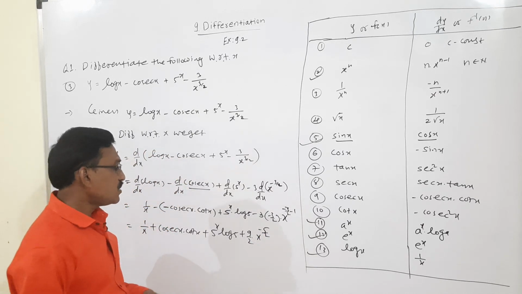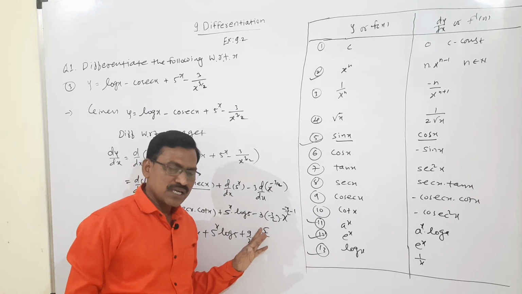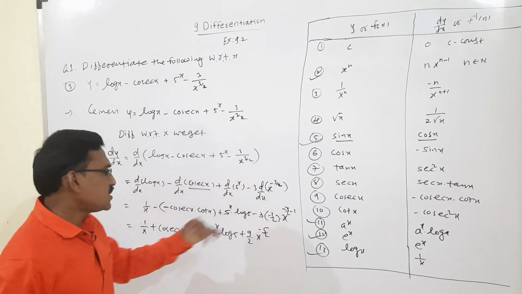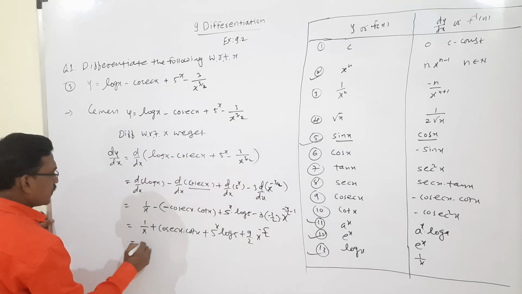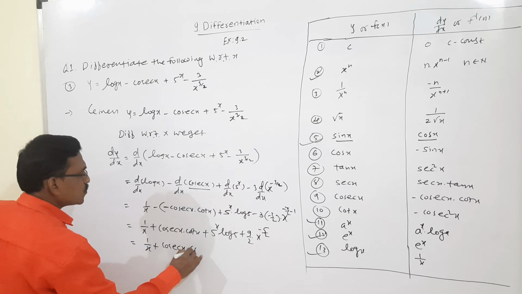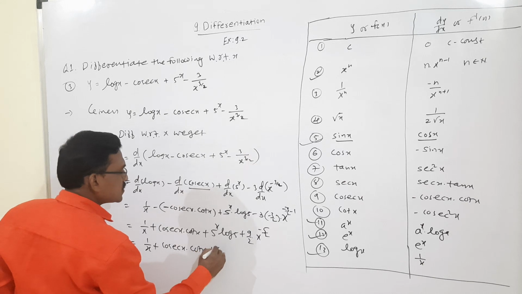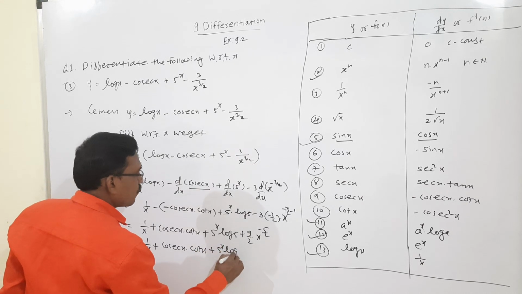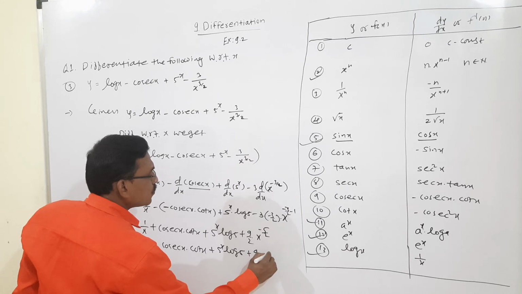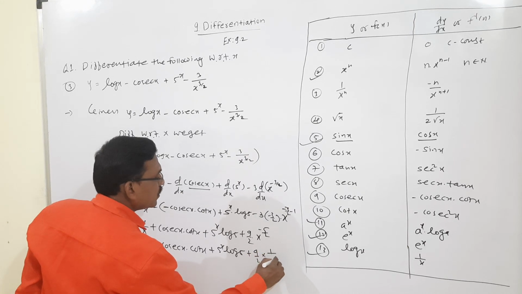And so here its power is negative, that's why we will take its reciprocal in the denominator. So therefore 1 by x plus cosec x into cot x plus 5 raised to x into log 5 plus 9 by 2 into 1 by x to the power 5 by 2.